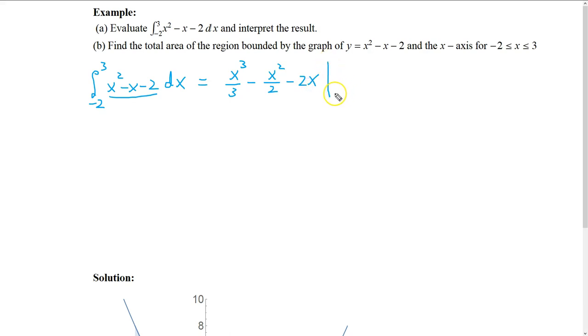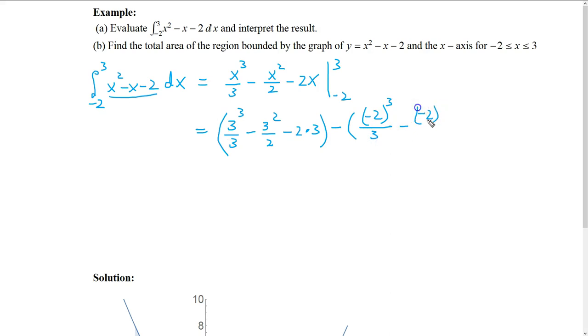and then we evaluate that from -2 to 3, meaning that we put 3 in and -2 in and subtract the two values. All right, and now evaluating this quantity, we're going to get -5/6.